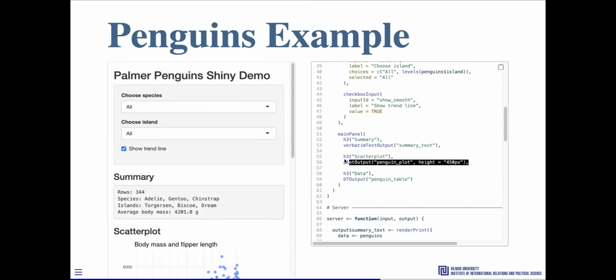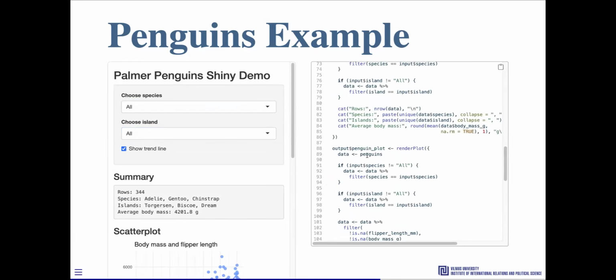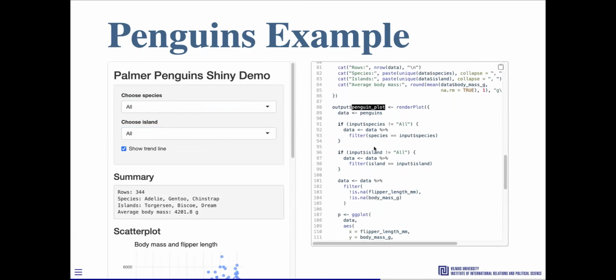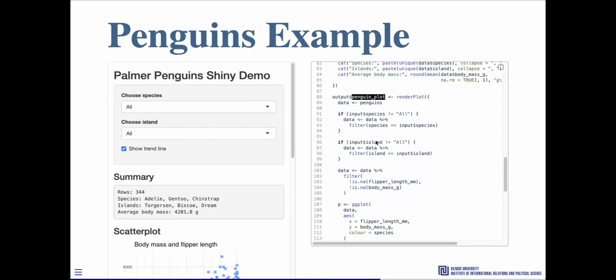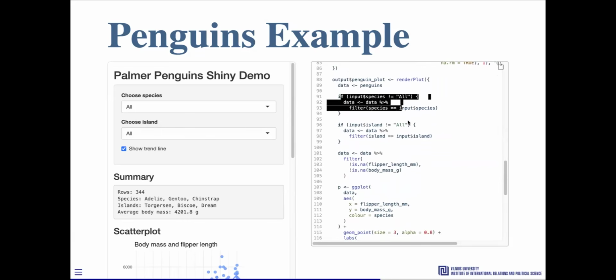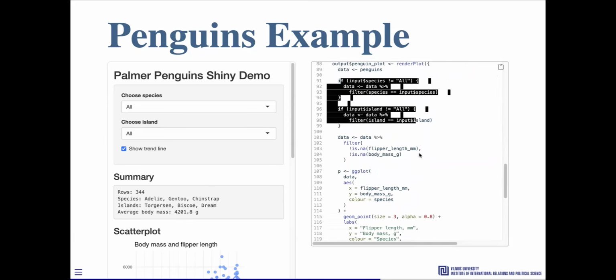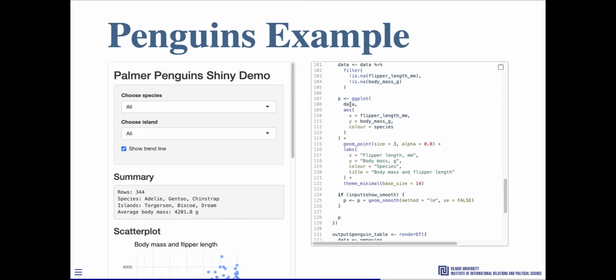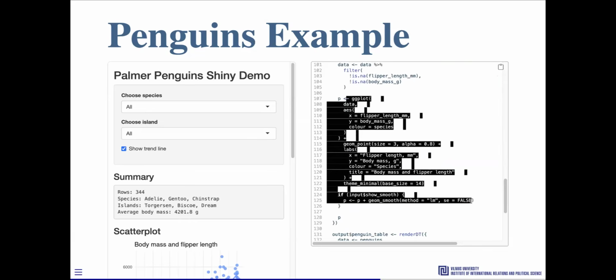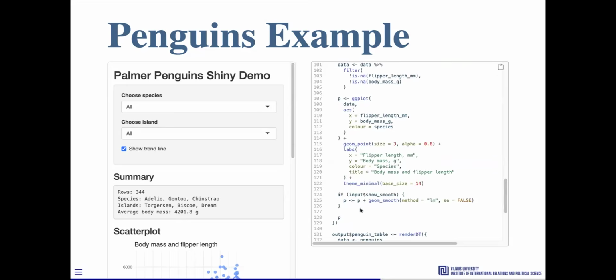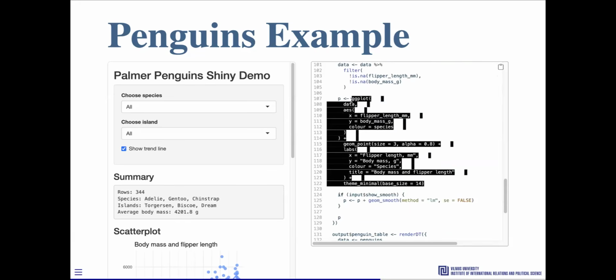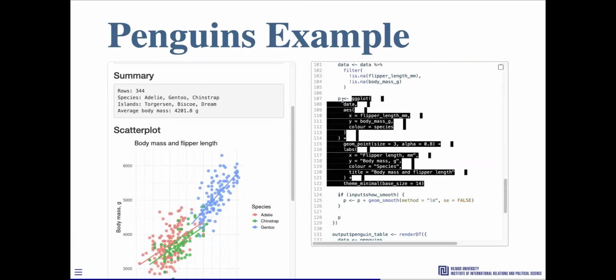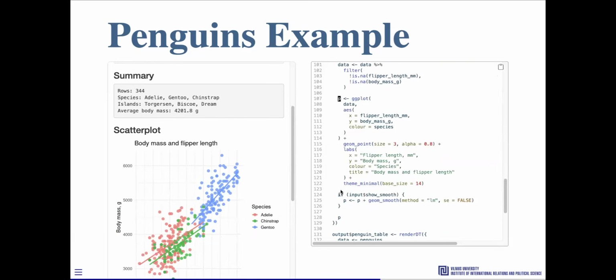Let's go to see this output called the scatter plot. We go to the object called penguin plot, and here what we see is, again, these conditional filters, more additional filters. And we see that we can create this object called ggplot, and we're storing this ggplot object, this scatter plot, inside of the object p.